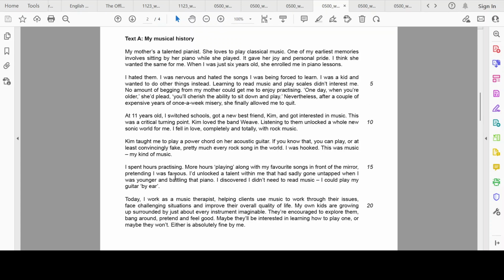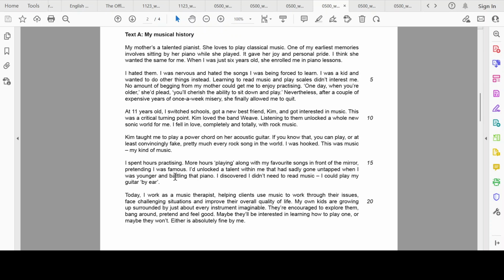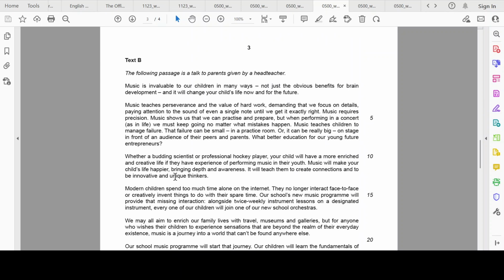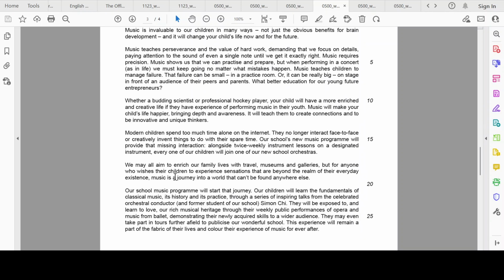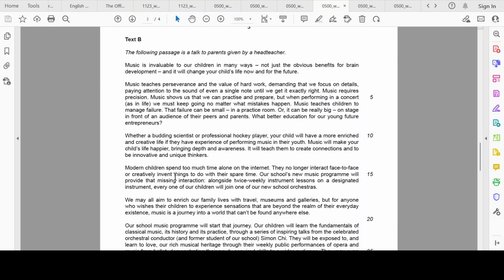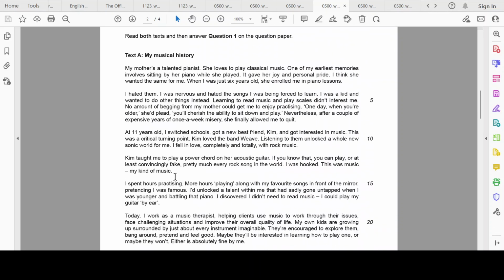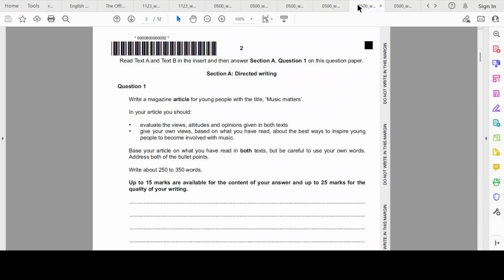They used to be longer in pre-2024 papers, but you've got text A and text B, so they're both about music apparently. So you've got these two texts to read, and they're given as an insert instead of in the question paper itself, like 1123 has. And then you have a question over here.